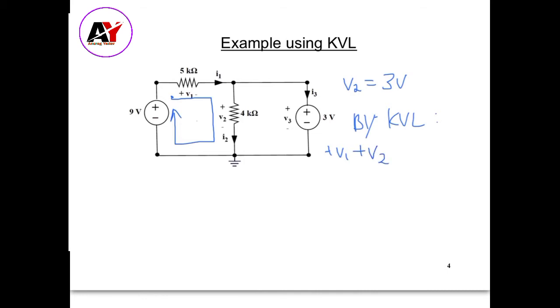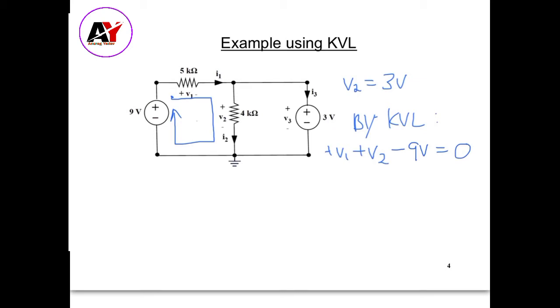Then as we keep moving around the loop, we get to the minus sign first, so we write down in our equation minus 9 volts. The sum of all the voltages around the loop must be equal to 0 by Kirchhoff's voltage law, so all of this is equal to 0.